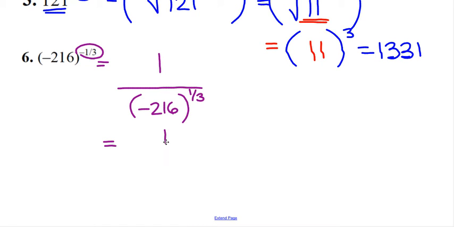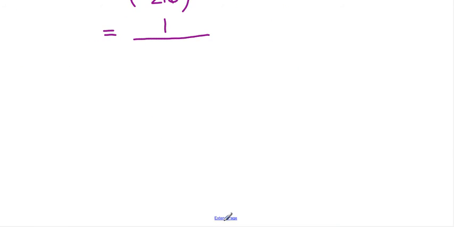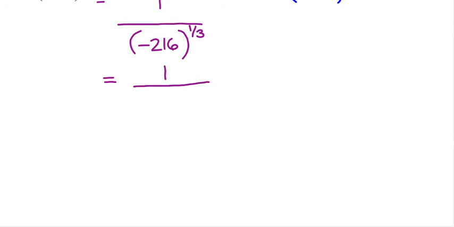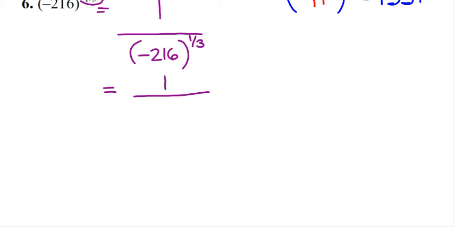We're going to rewrite that. Negative 216 is my base of my radical. My power is 1, cube root. Now we're looking for something raised to the third power that'll give us 216.